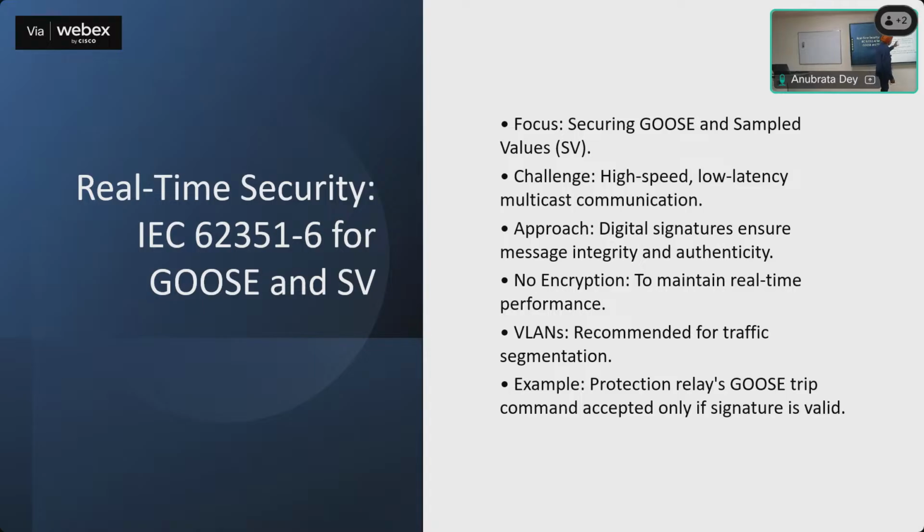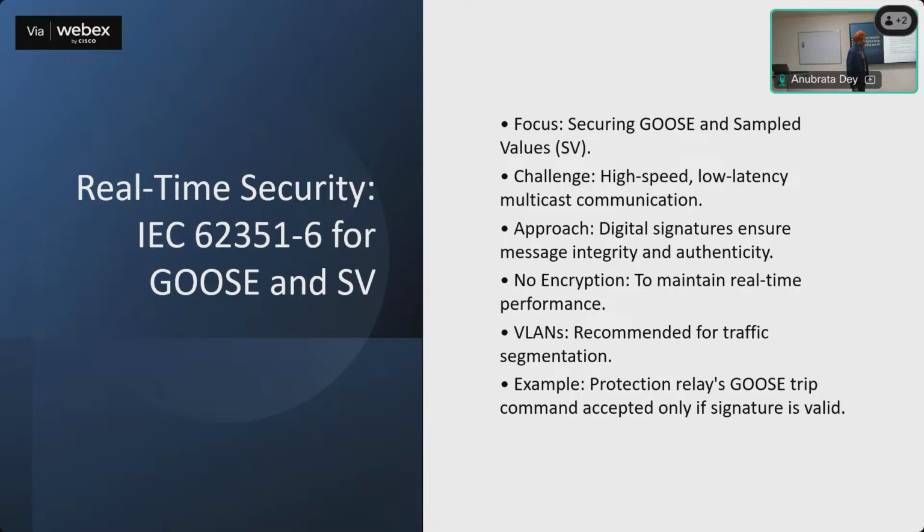So as you know, IEC 61850 GOOSE and sampled values are not secure. So part 6 of this standard talks about this. And what is the challenge? The challenge is it's high speed, low latency, multicast communication, right? Well, GOOSE is multicast, sampled value is not, okay? So digital signature is the one.